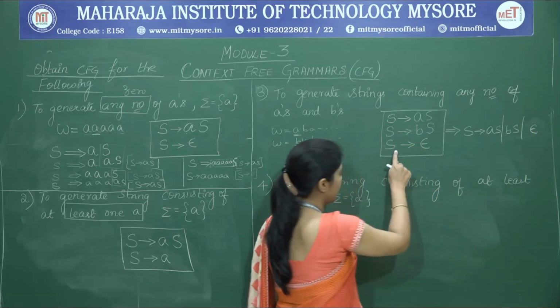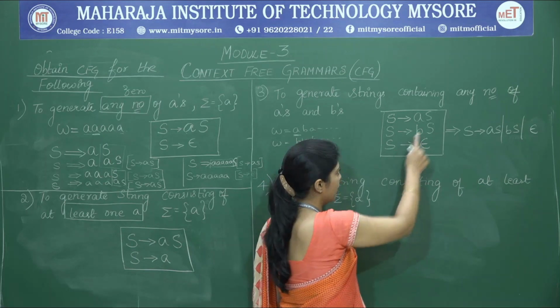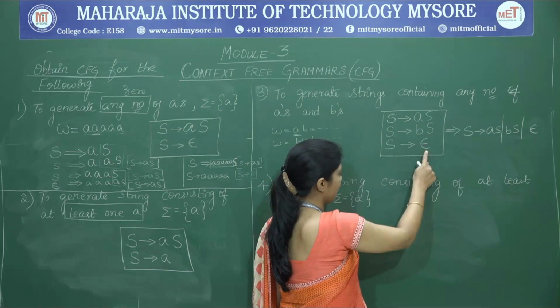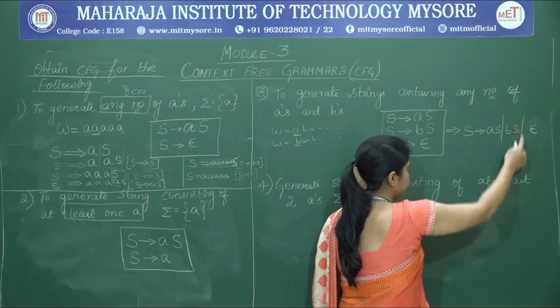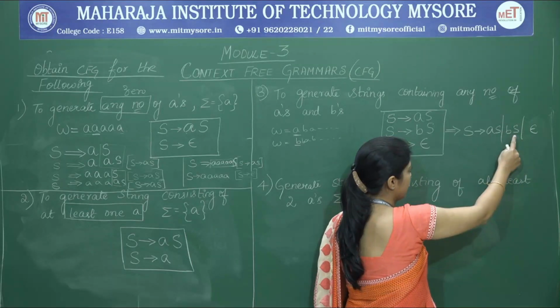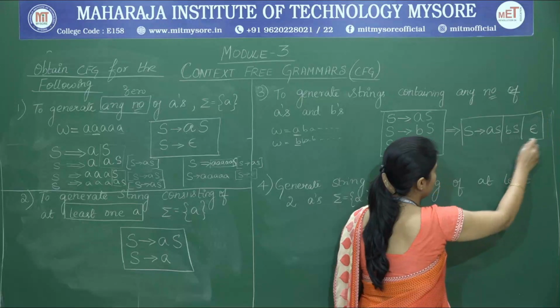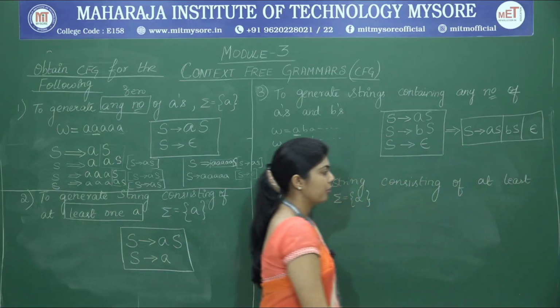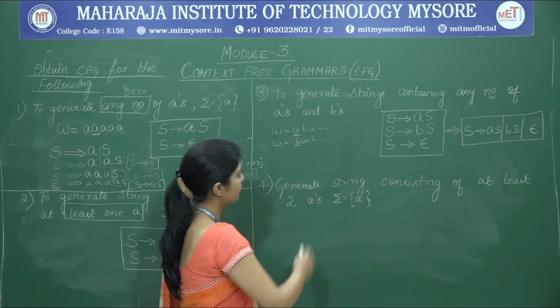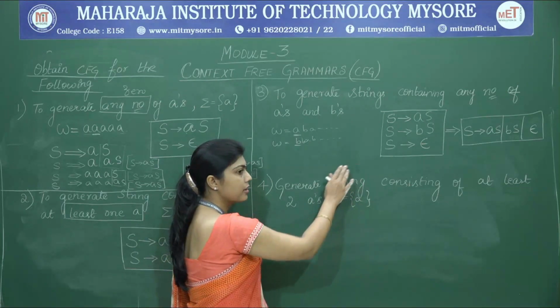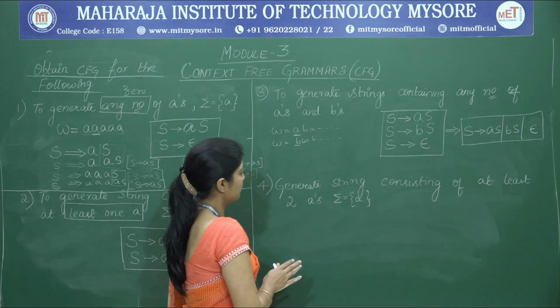So the same variable S can be substituted for AS or BS or epsilon. You can write the pipes in between each of the productions, and we may write the same grammar in a single line also.